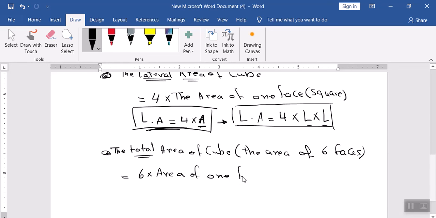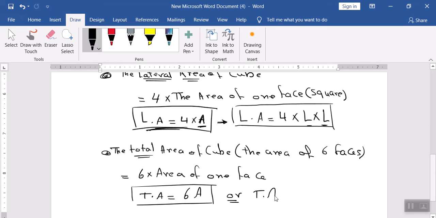So the total area equals 6 times A, where A is the area of one face, or total area equals 6 times length times length. Okay, so if we know the side length of the cube or the edge length, we can find the total and lateral area of the cube.